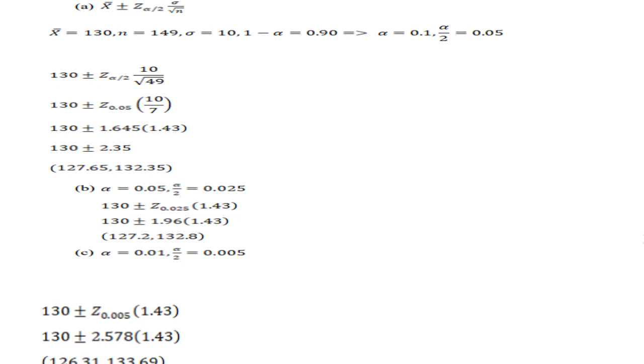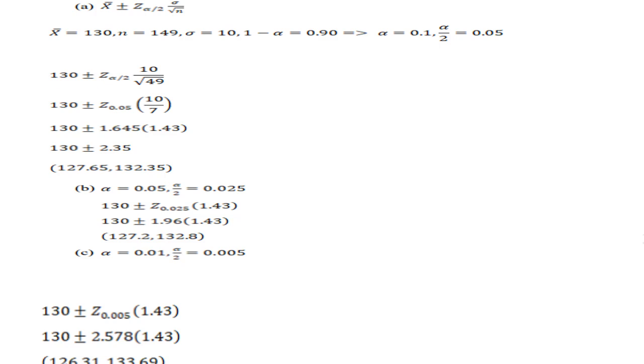Then for the first one we are using 90%, so 1 minus alpha equals 0.90. So alpha is 1 minus 0.90, which is 0.1. Then alpha divided by 2 is 0.1 over 2, which gives 0.05.